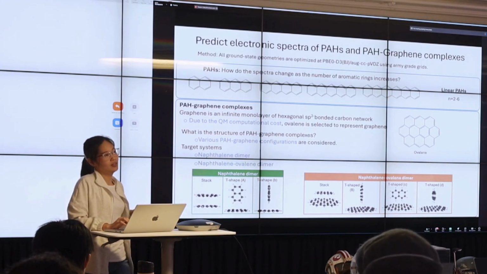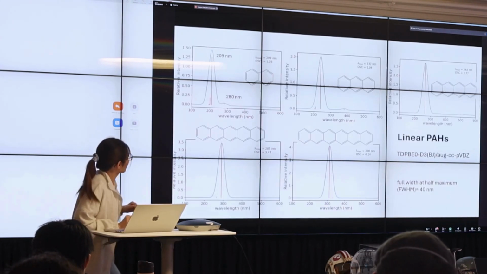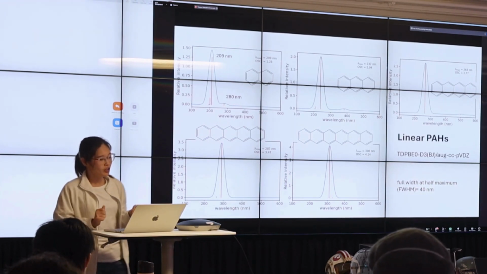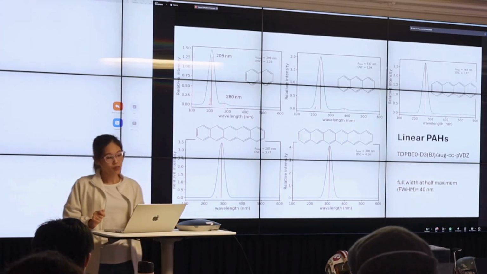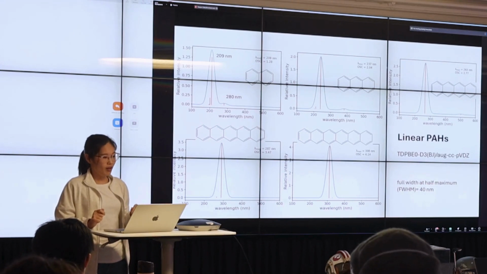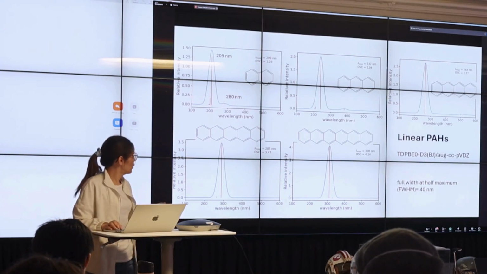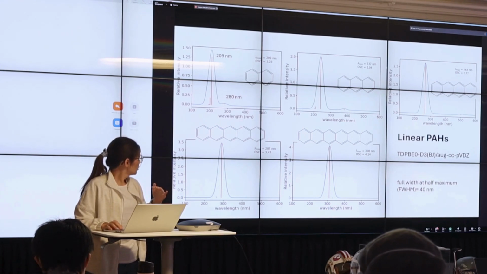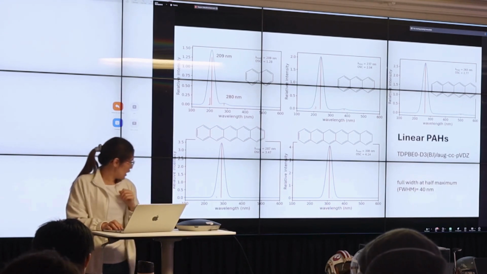The same applies when, instead of the naphthalene dimer, I use the naphthalene and ovalene dimer. Based on the DFT calculation, this is the predicted spectra for the different linear PAHs.